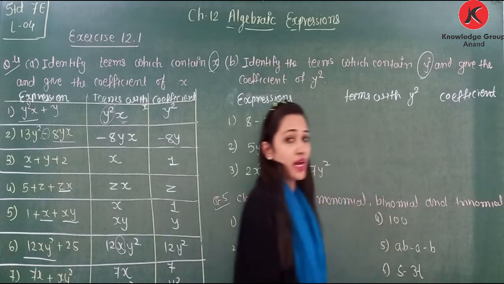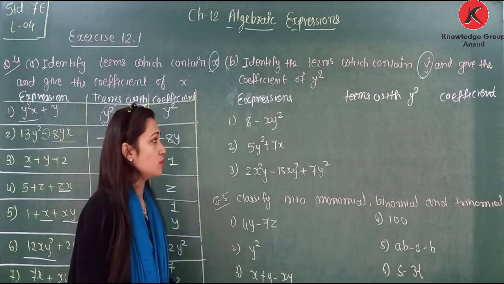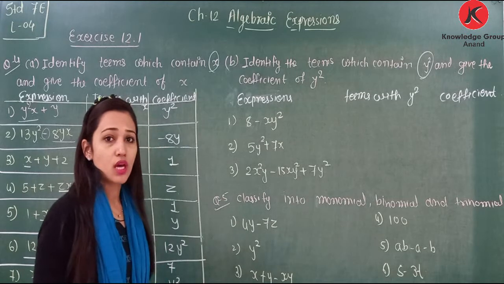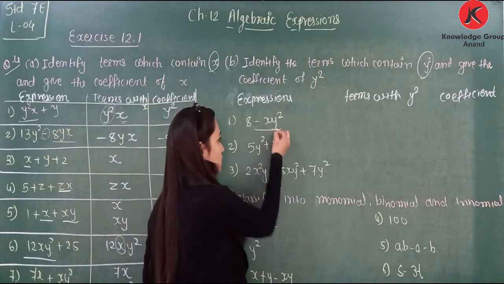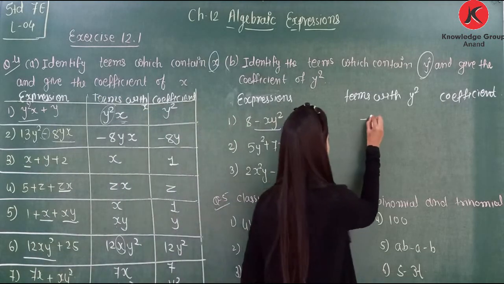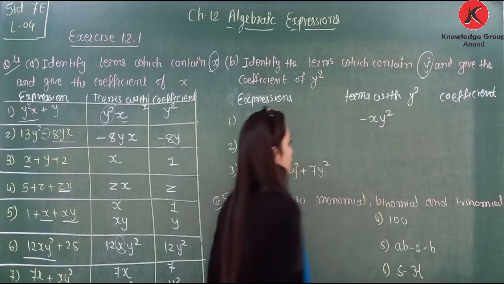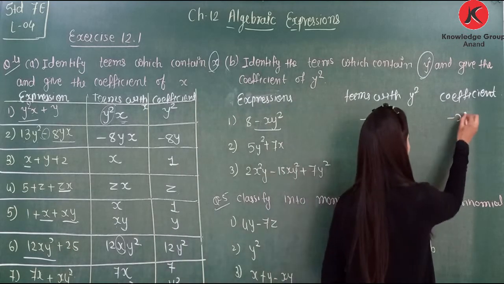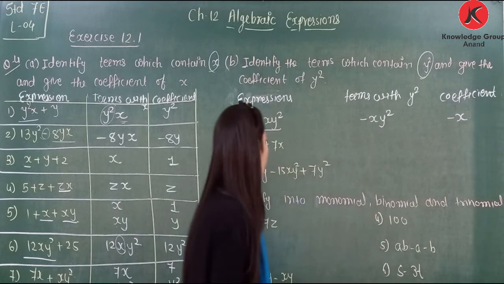This kind of question can be asked as a blank or MCQ. So here, first, 8 minus xy square. Now what is the term with y square? It is this one. You can write minus xy square. So what is the coefficient of y square? It is minus x. So that will be your answer.